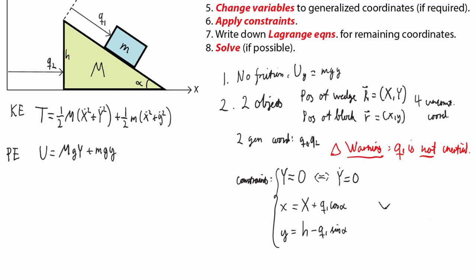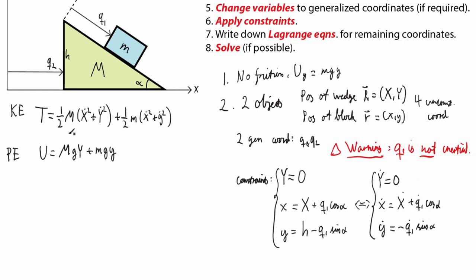We take the time derivative of this, we get little x dot is capital X dot plus Q1 dot cosine alpha, and correspondingly for y dot. Okay, so those are the constraints. These are the time derivatives of the constraints. And that's all we need now in order to rewrite the kinetic and the potential energies with its constraints applied and with the variables changed.